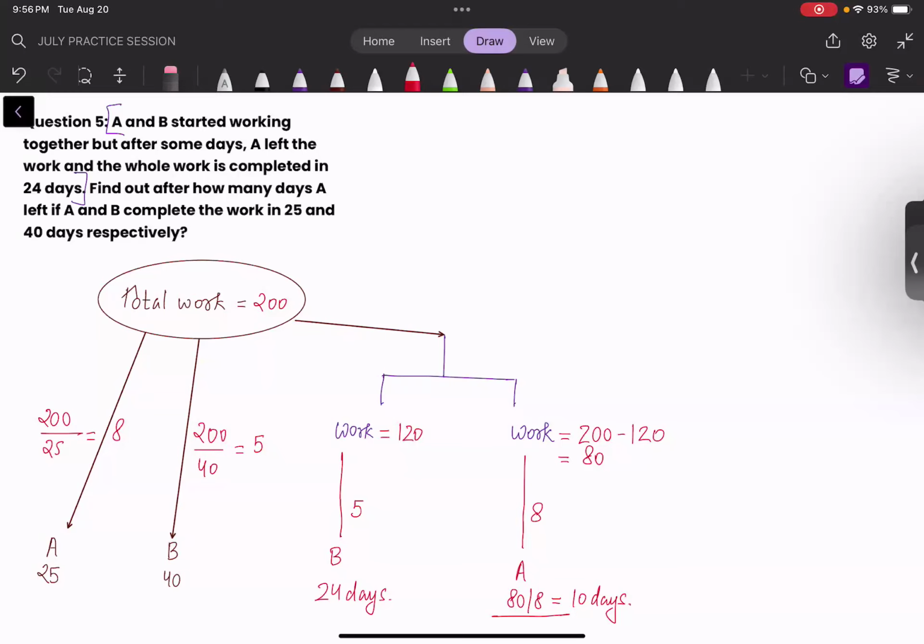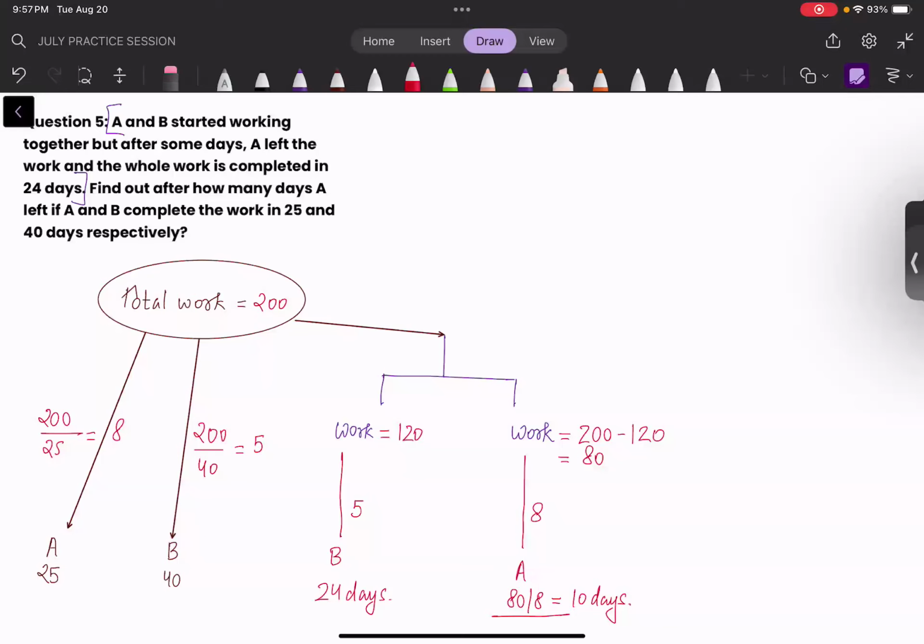Understood, all of you? Okay, so no rocket science. This is a very easy topic. You just have to understand how to write the next value, next value, next value. It's a process. One by one, you will have to keep on writing the values.